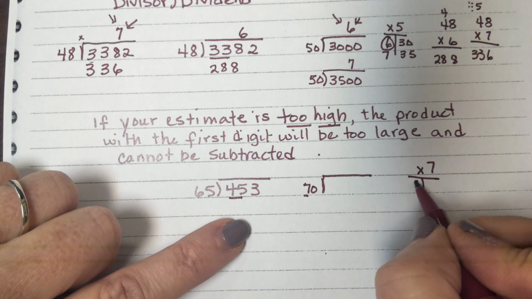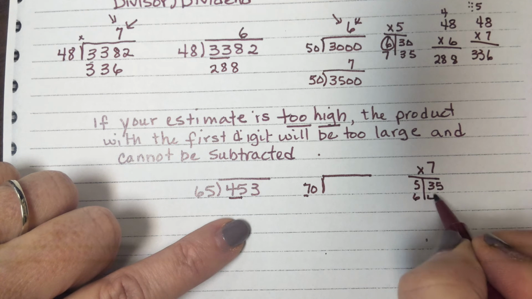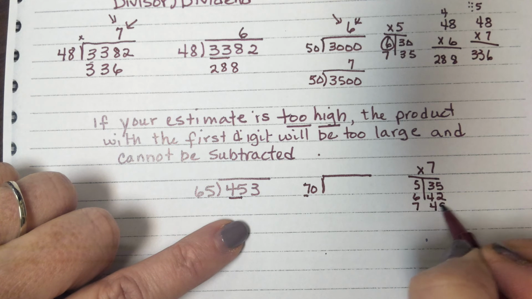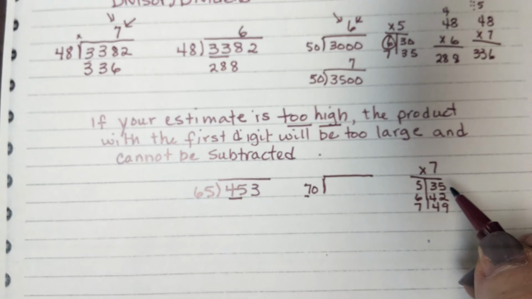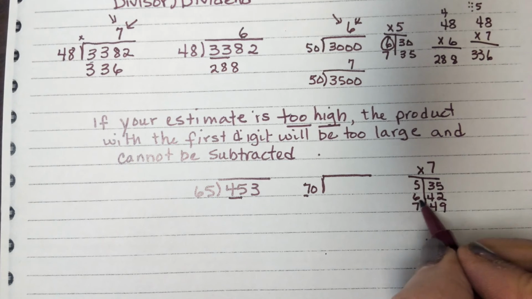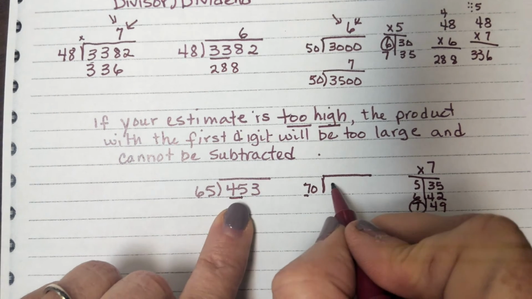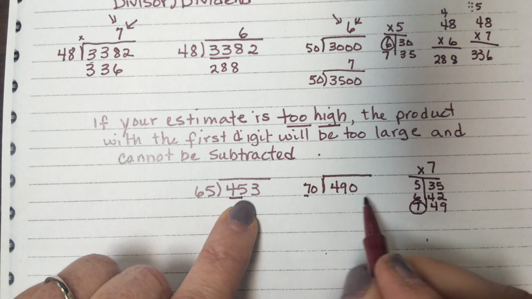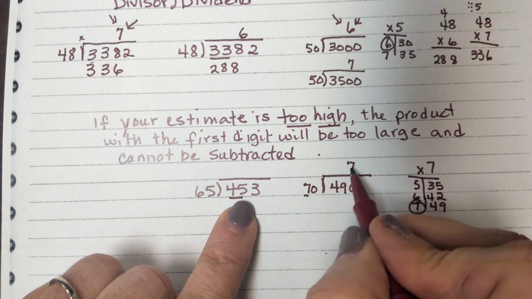So I know 5 is 35, and 6 is 42, and 7 is 49. So I think in this case, I want to try 7. Well, remember I have to have the same digits, so 49 with a 0, so 3 digits there. So I know the first digit I'm going to place is a 7.